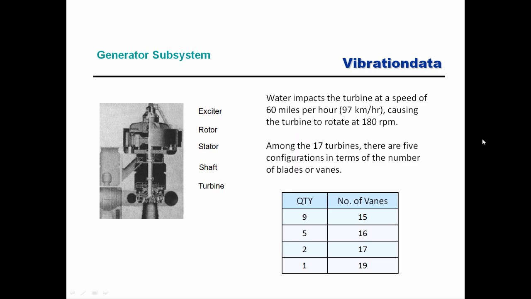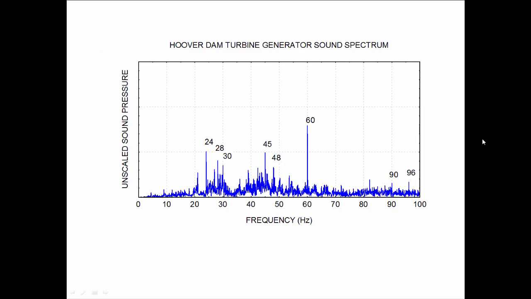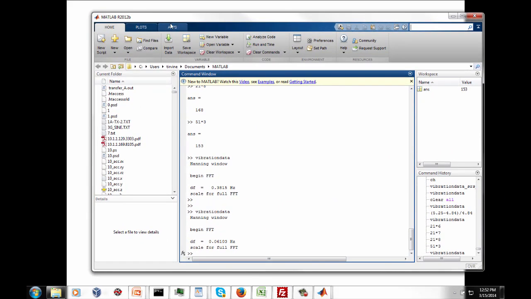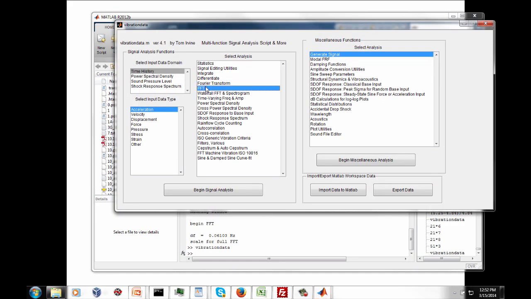So let's take a look at what kind of acoustic noise these turbine generators actually generate. We can look at this data. Here's the plot, but just for practice, I'll show you how to call this up. We go to vibration data and just take the FFT.